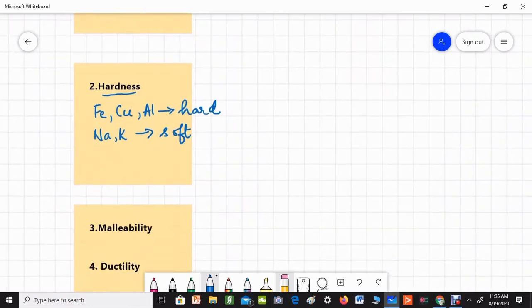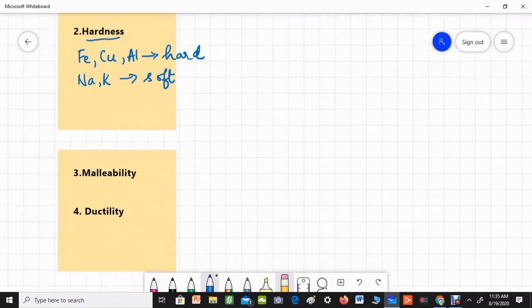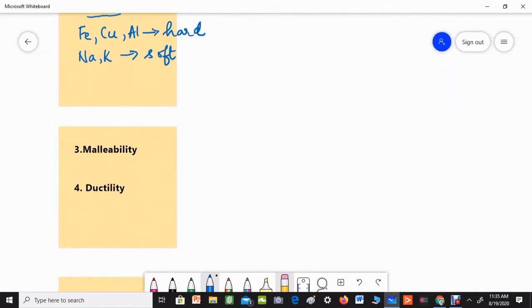Another property of metals is that they are malleable and ductile. Metals can be beaten into thin sheets. This property is called malleability. Similarly, metals can be drawn into thin wires. That is called ductility.